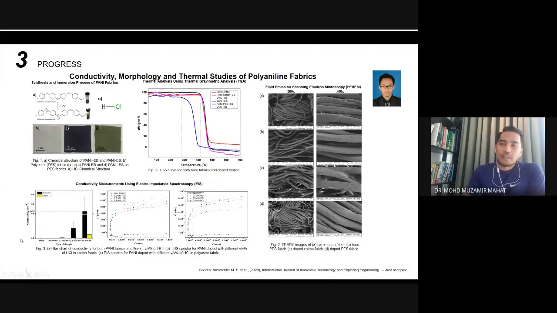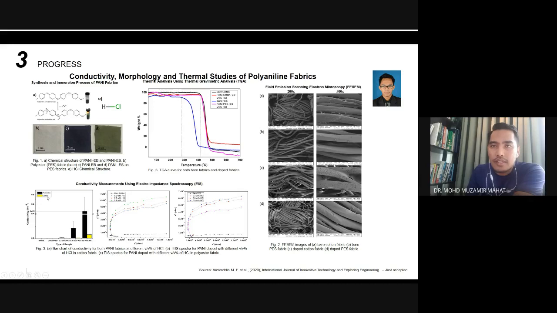As expected, the amount of the dopant plays a big role in ensuring that the conductivity values increase. An interesting part is that the polyester again shows a significant amount of conductivity compared to cotton.